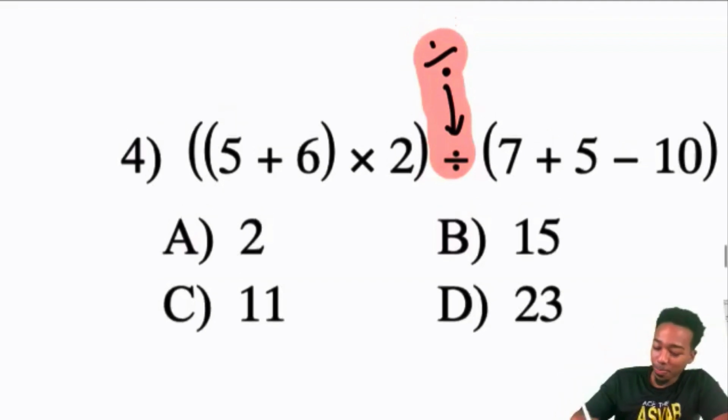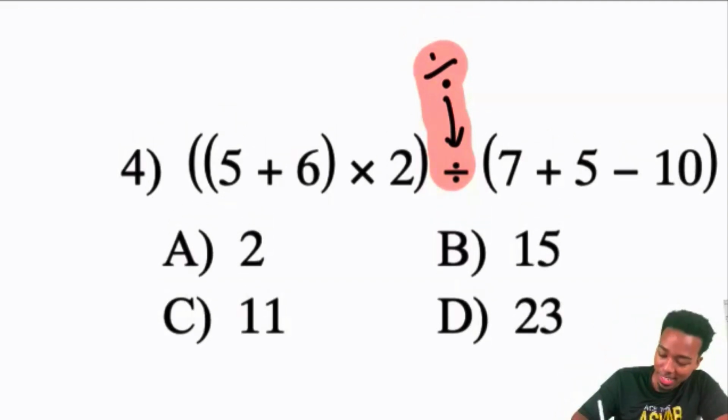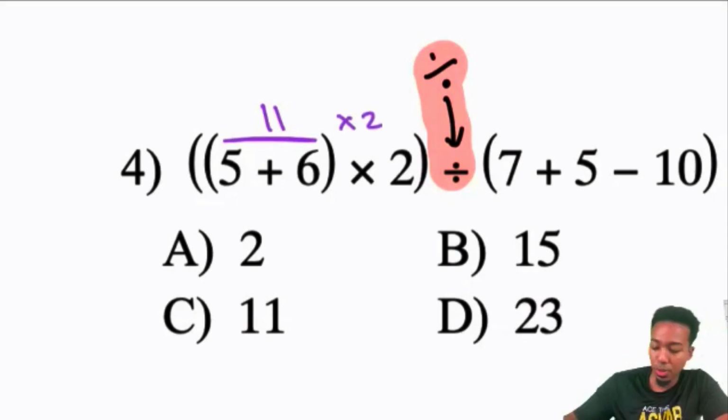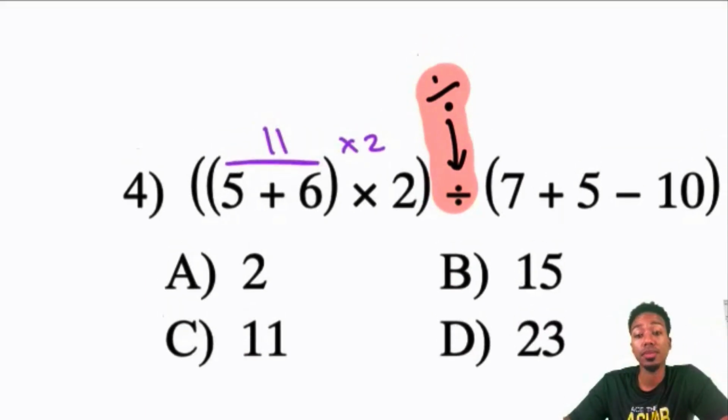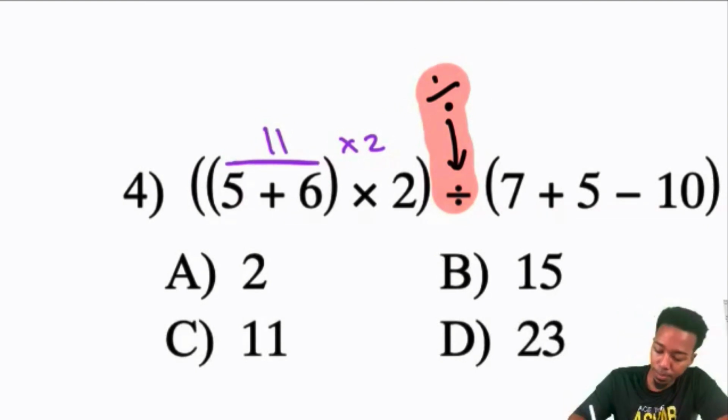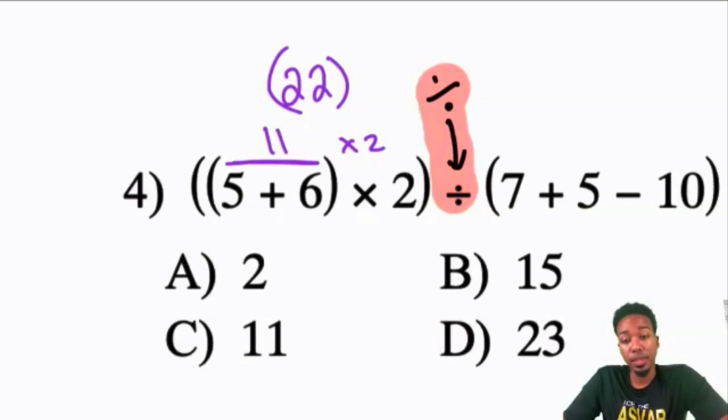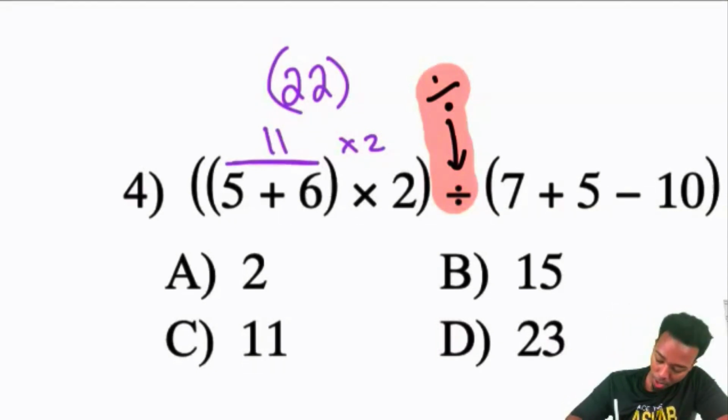So there we go. Let's get to it here. We got 5 plus 6. That's going to be 11. Then 11 times 2. Everybody, 11 times 2 is going to give us 22. So from there, I'm taking a look at this, and what we're going to have is the next part where we're going to take care of 7 plus 5, which is 12.